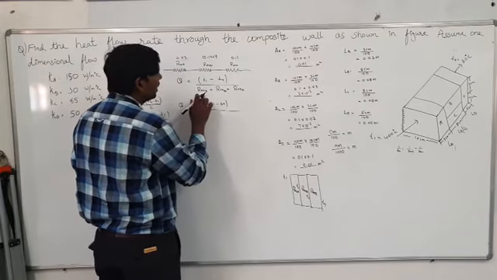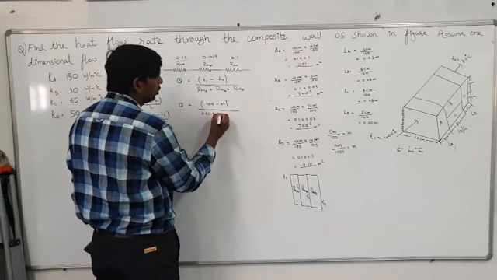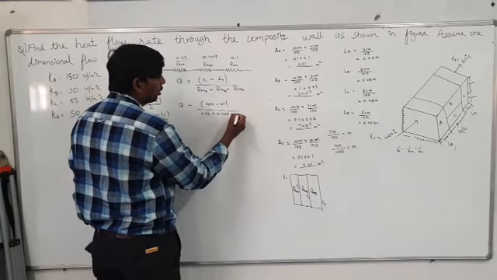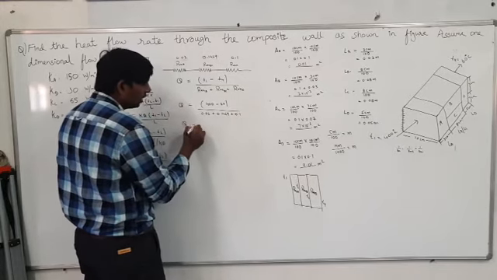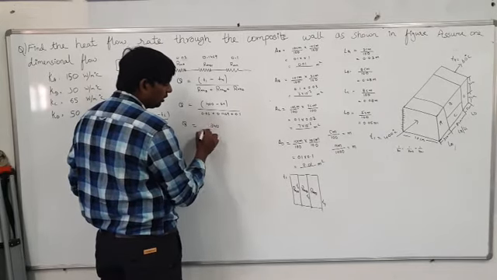Q is equal to 400 minus 60 by RTHA, which is 0.02, RTHBC value 0.1469, then RTHD value 0.1. Then 400 minus 60 is 340.